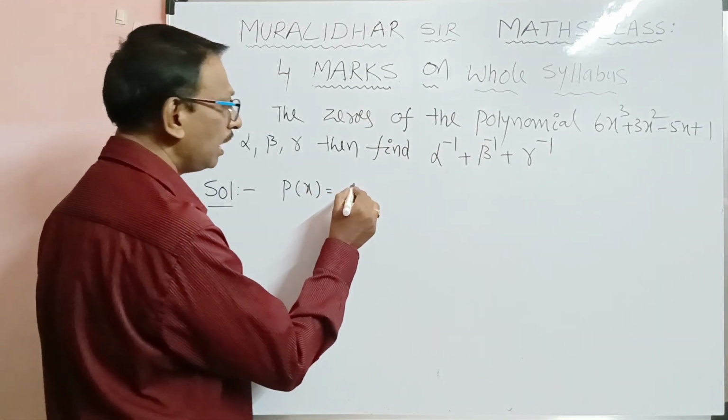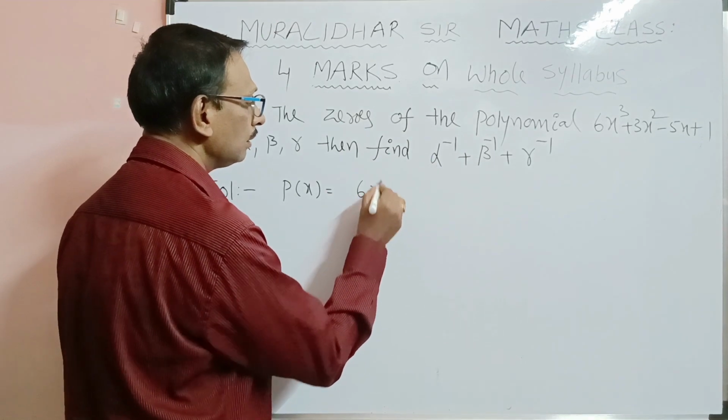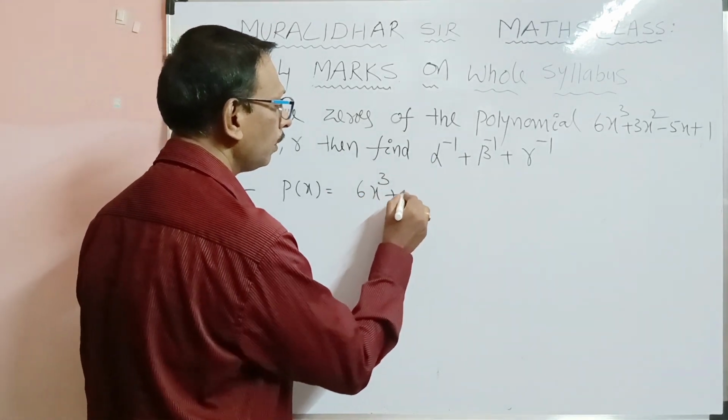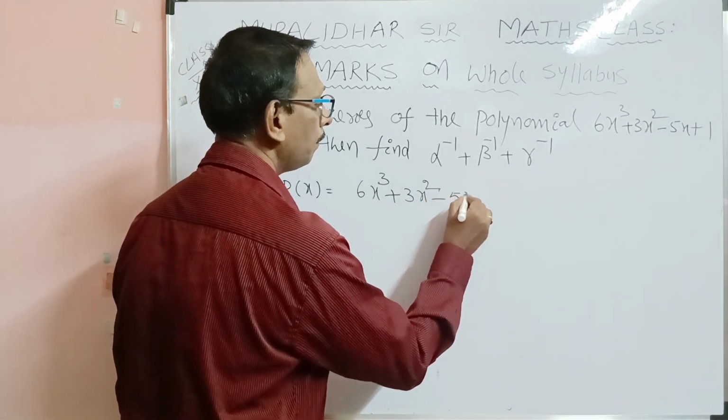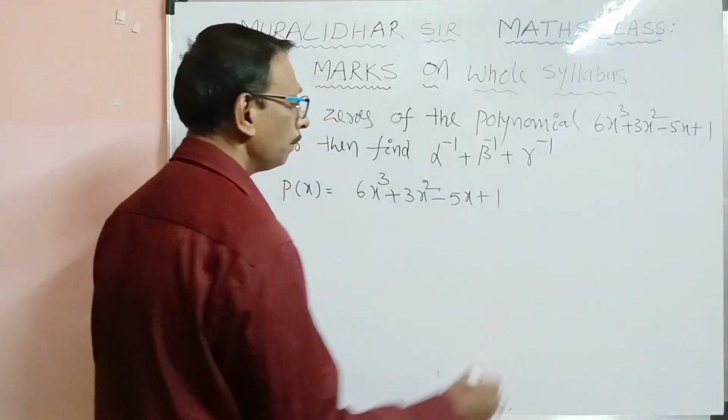p of x value is 6x cube plus 3x square minus 5x plus 1.